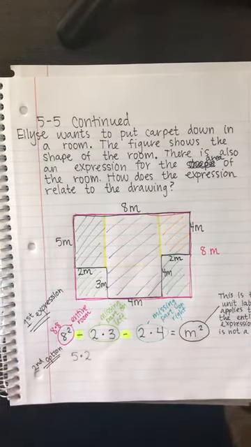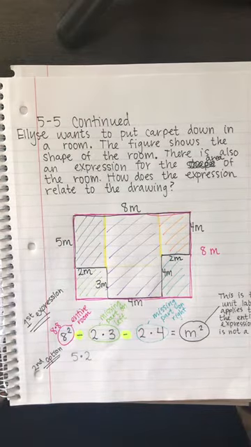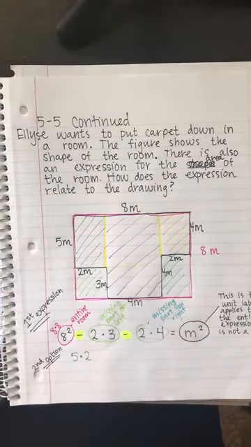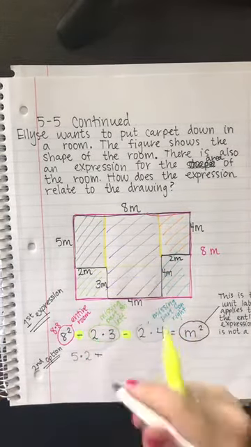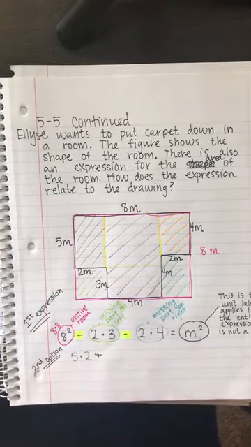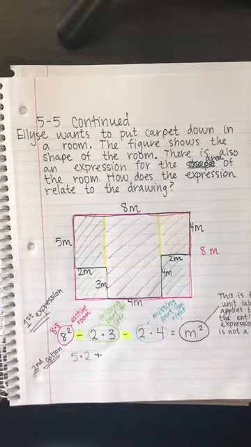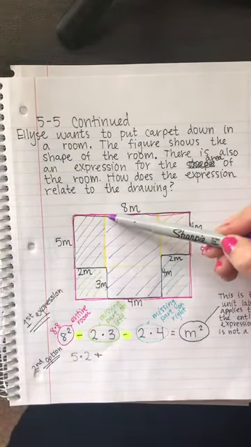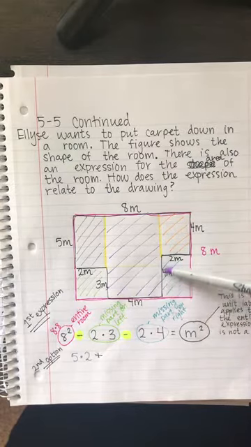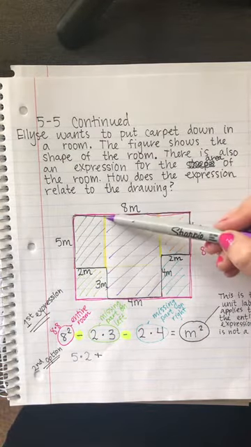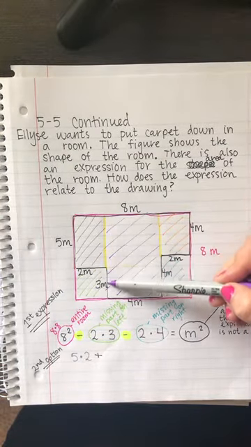I could put parentheses around that if I wanted to. I also don't need to, because order of operations tells me that I would do that together, and that is one term. And then I'm going to add it to my purple rectangle, which is right here. I know that this total long length right here is 8.